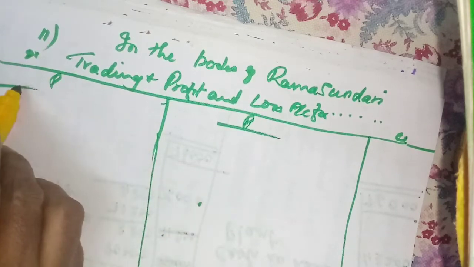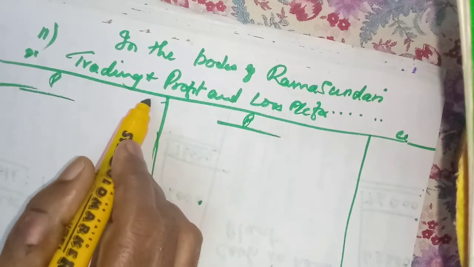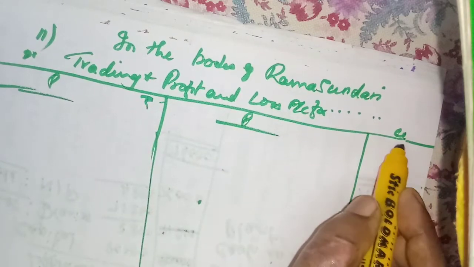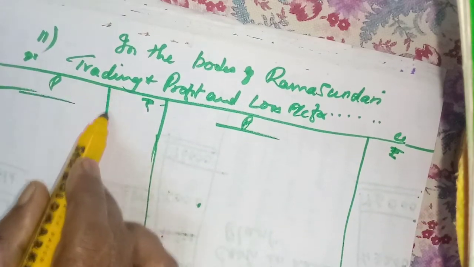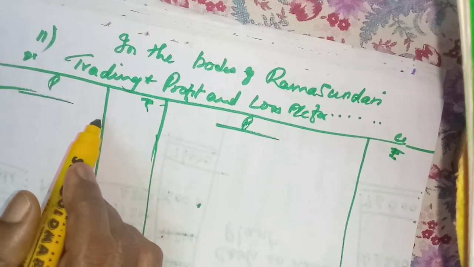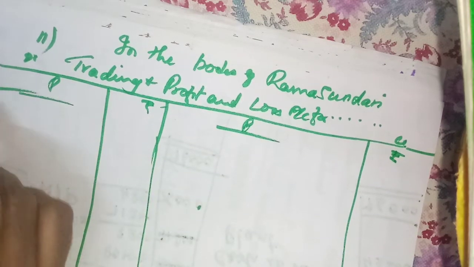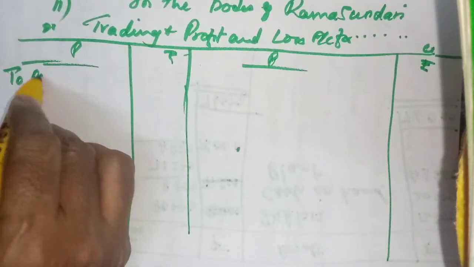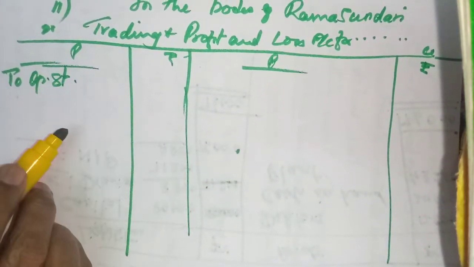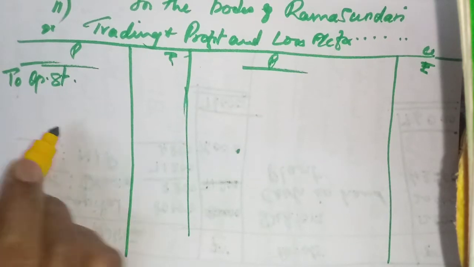Then amount. Okay, rupees. First one, to opening stock. Opening stock 2,500.